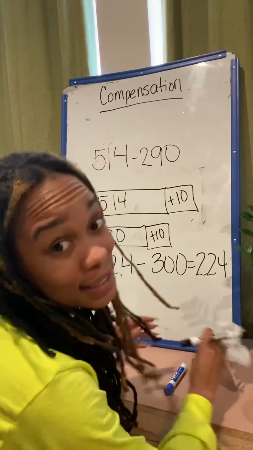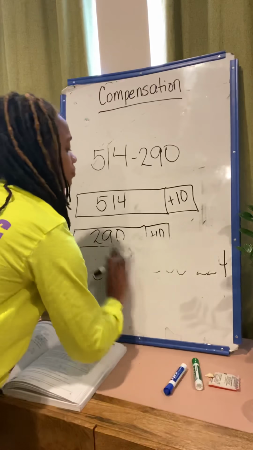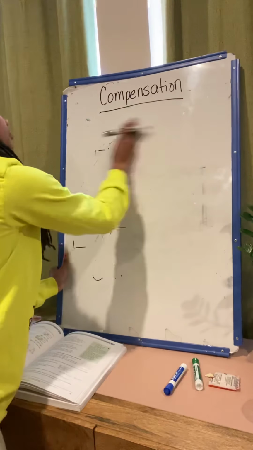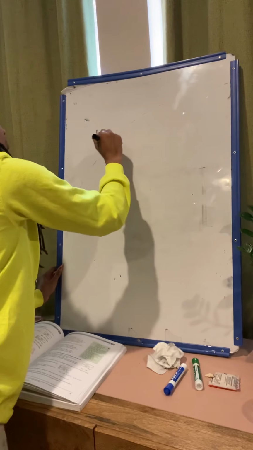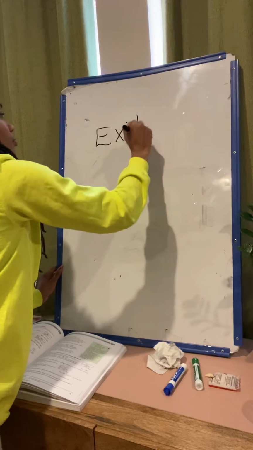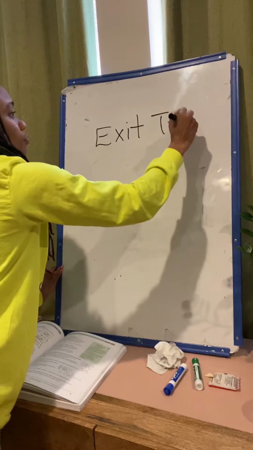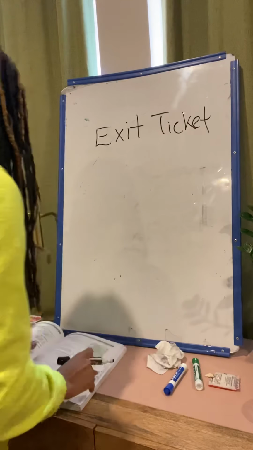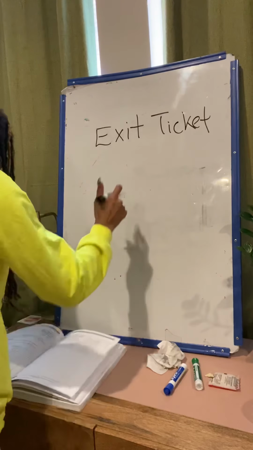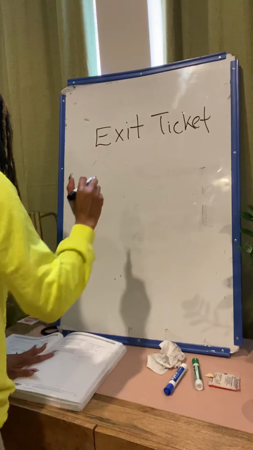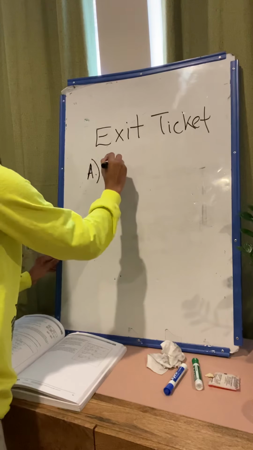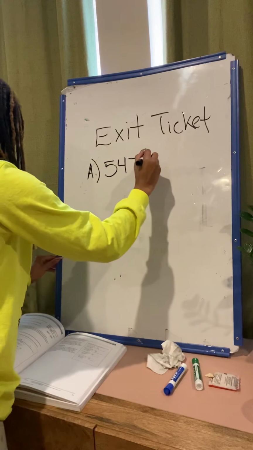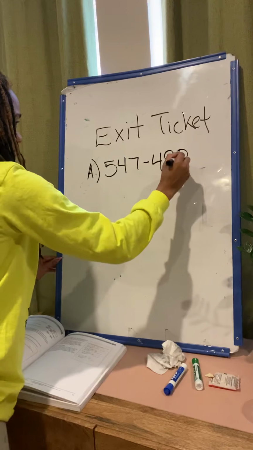So here's your exit ticket. I want you all to solve. I'm actually going to give you two problems. So A, 547 minus 498.